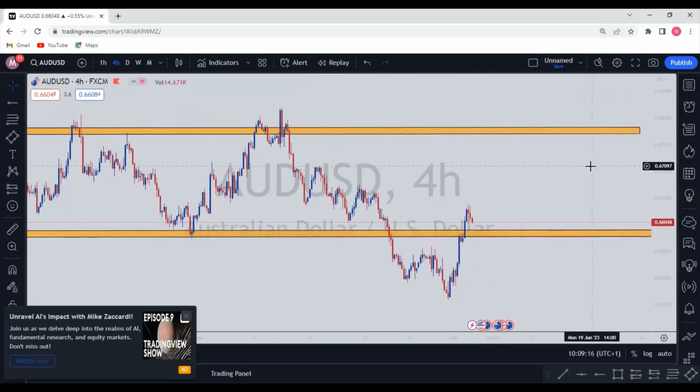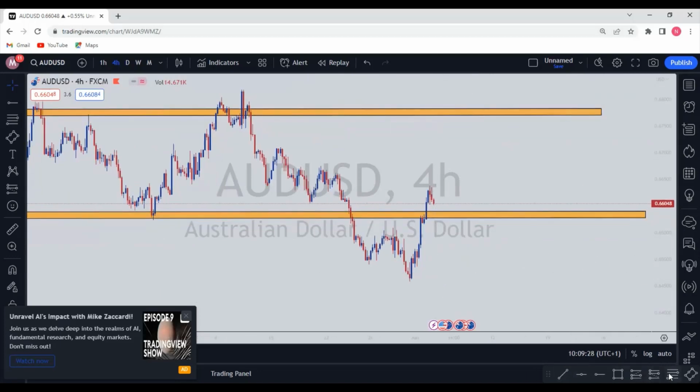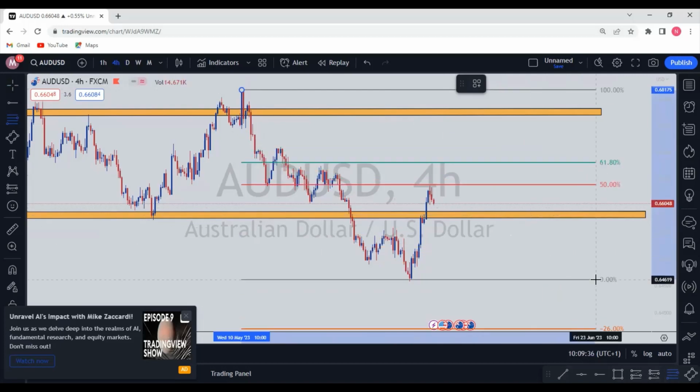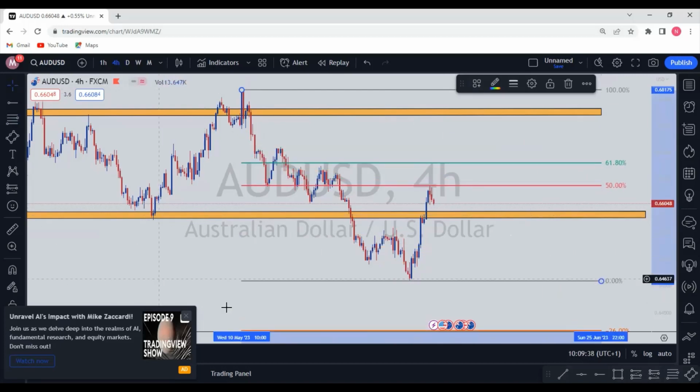Everything was aligning perfectly. I was even in profit, and it just came down and took me out, and I want to come back again. I said, okay, what I did was I always do this. Fibonacci is one of my best tools to use.